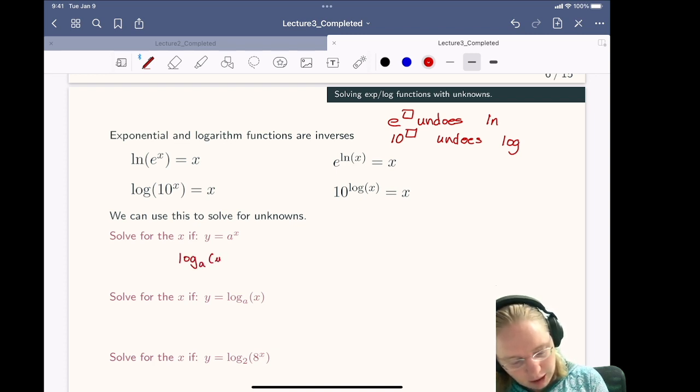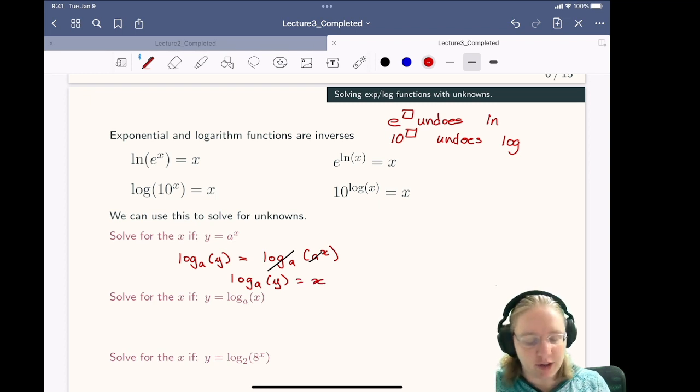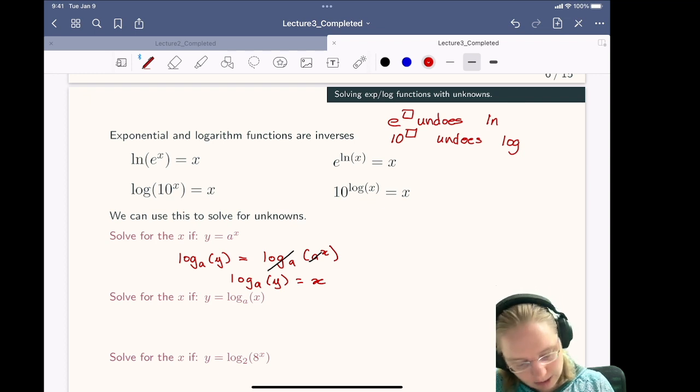So we can have the log base a of y is equal to the log base a of a to the x. This lets us cancel the log base a and the a, so we end up simply with the log base a of y is equal to x. And now we have solved that equation by using the inverse properties.